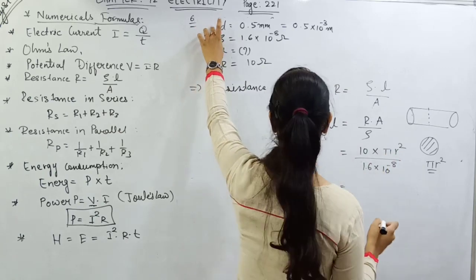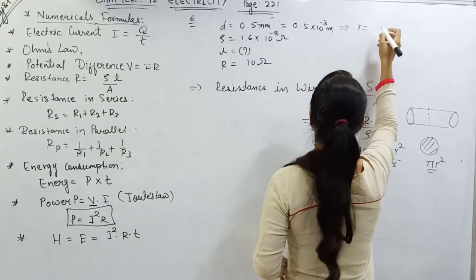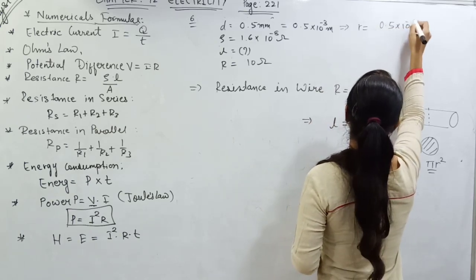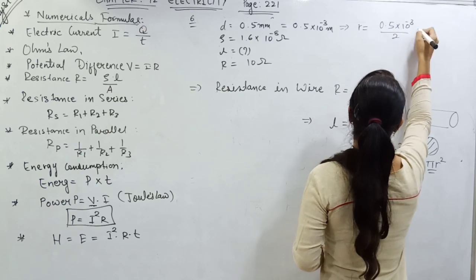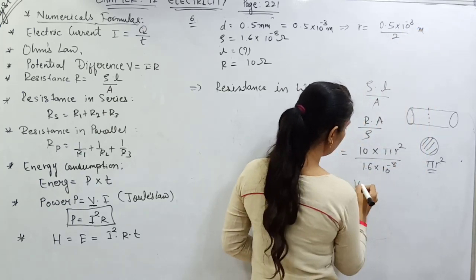Now just keep the value for pi and the radius. See, this is the diameter. From the diameter, suppose I want to derive the value for radius. So it will be 0.5 multiplied by 10 raised to minus 3 divided by 2 meter. Okay. So I can keep all the values over here.